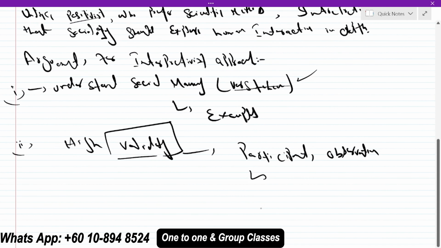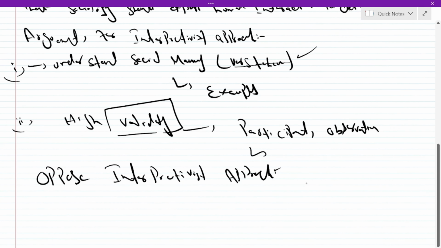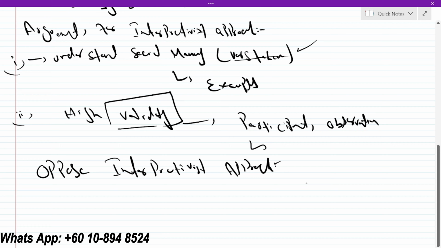Now move on to an argument which will oppose the interpretivist approach. So you might say opposing, or an argument against this view. What can we write over here? Lack of reliability.